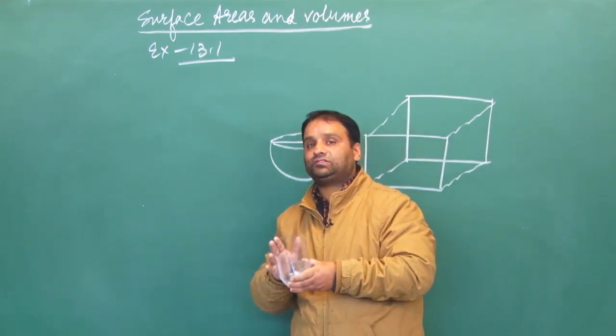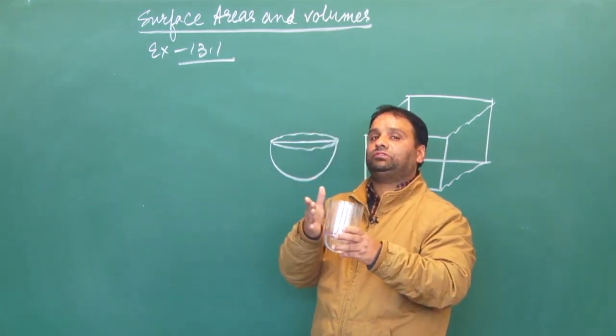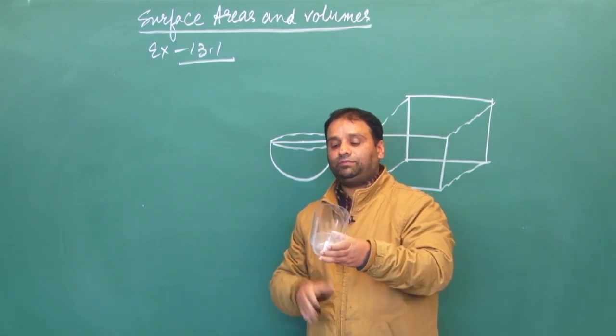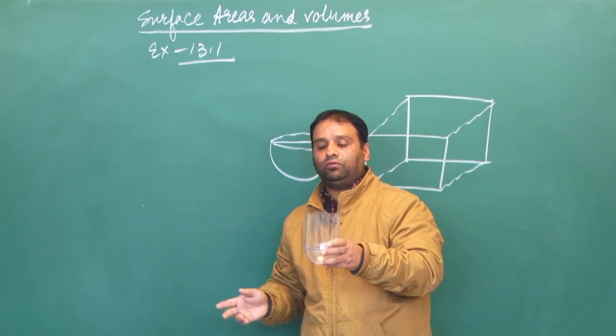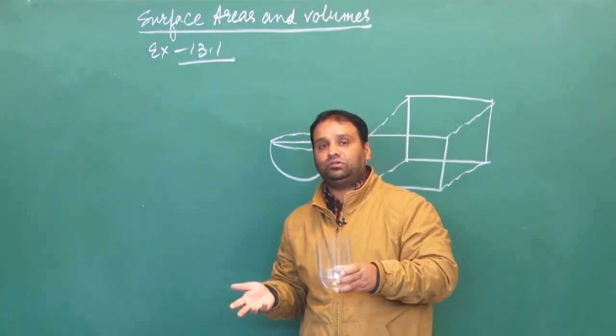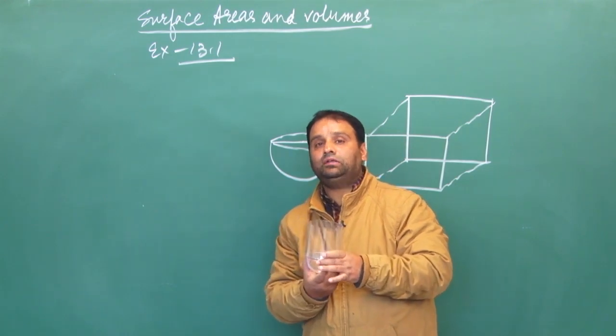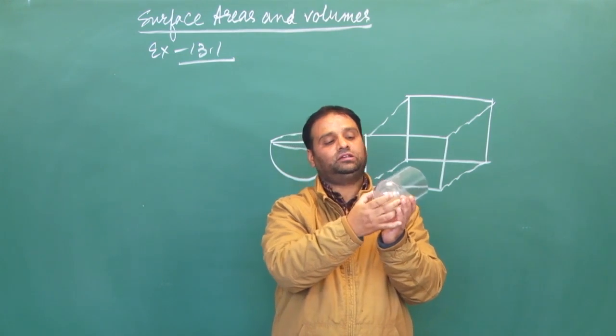If we ignore the thickness of this type of solid, the inner surface area will be equal to the outer surface area. How can we find the inner surface area of this vessel? It's simple. We consider the curved surface area of the cylinder, which we already know is 2 pi r h, and the curved surface area which is exposed to the outside.